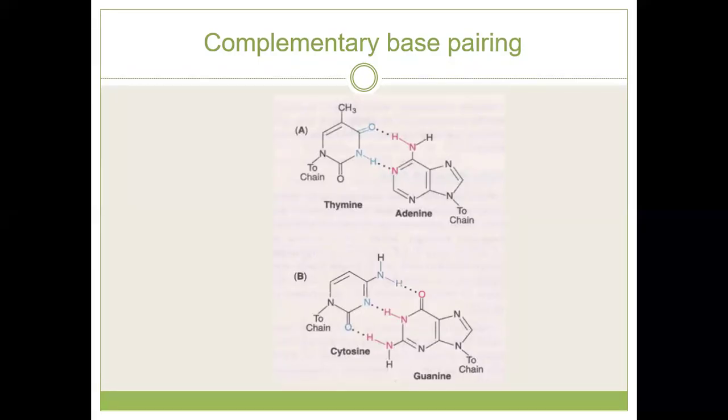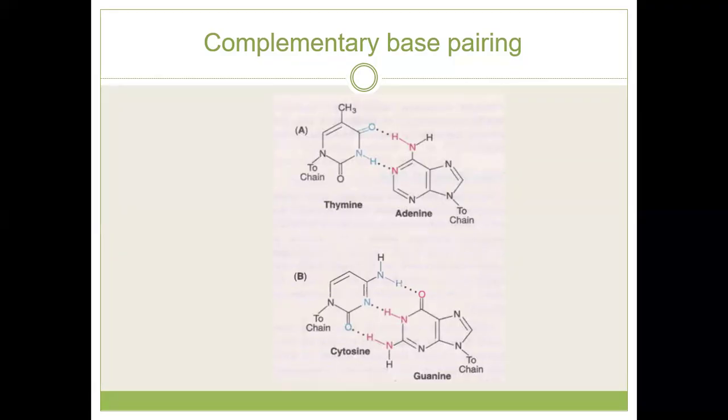And how this bond is formed is what we explained: two hydrogen bonds help in linking the two nucleotides. While in the case of cytosine, cytosine forms a complementary bond with guanine, and this bond is through 3 hydrogen bonds.